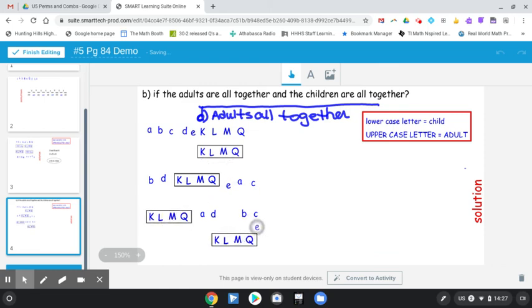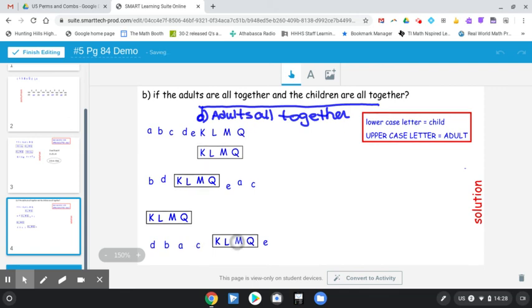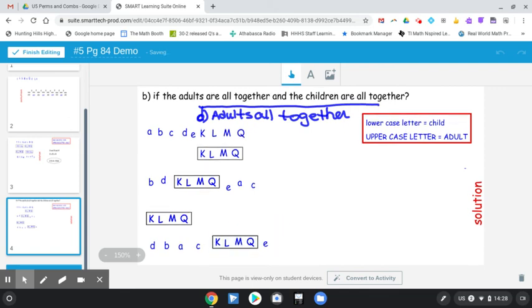And let's say we put E at the very end because E's been misbehaving. We've got to separate him from the others. And then these other kids, the other 4, they could be in any order. So that's demonstrating why I'm saying there's 1, 2, 3, 4, 5, 6 elements in total. So in the whole scheme of things, there are 6 elements that could be moved around.